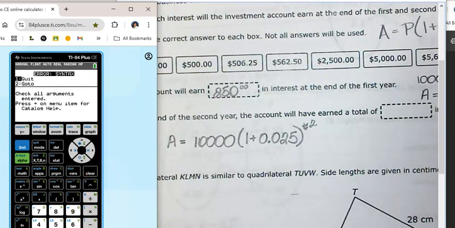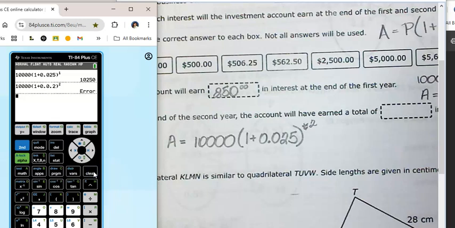Enter. Oh, what did I do? Clear. All right, let's try that again. 10,000 times 1 plus 0.025. There we go. Raised to the second. Enter. All right.